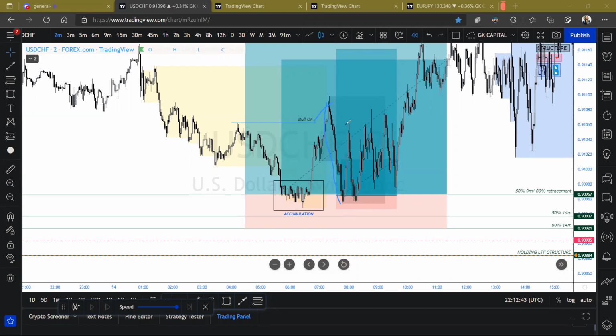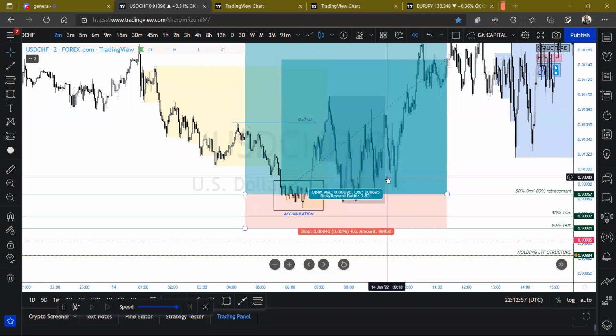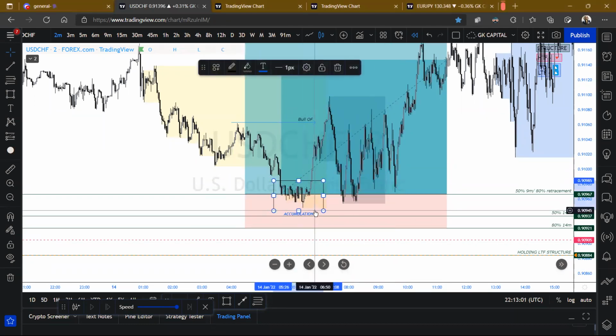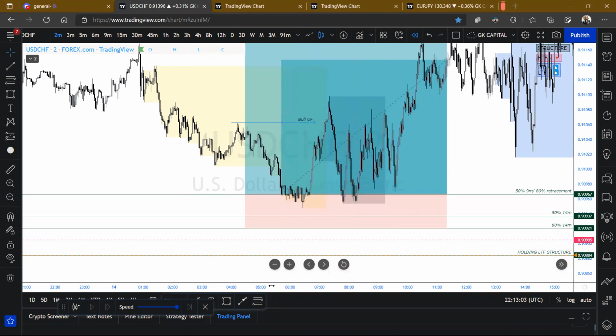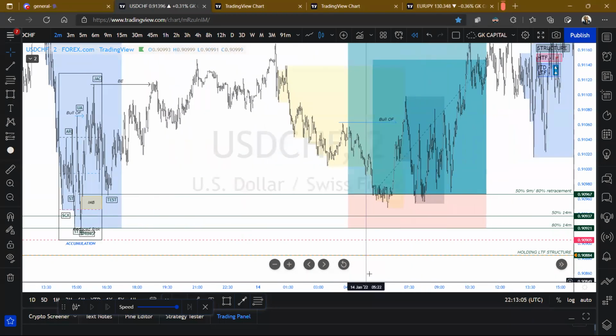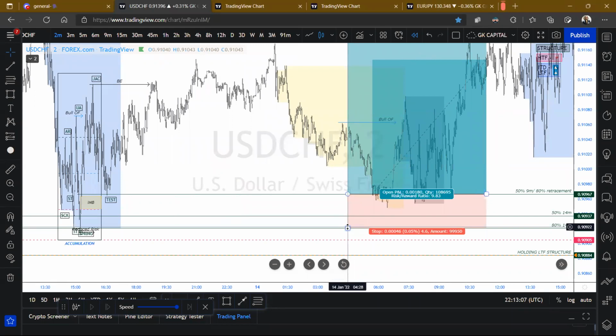There were several opportunities. For example, after making this high, we could have looked to trade back up into here, and then that could have also helped you add more to your position. Unfortunately, I tried this, haven't really looked at it, so I'm going to delete that. But it was there as well, and then there's that. Now with this, so this is your stop right there.